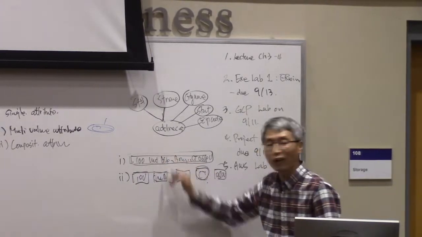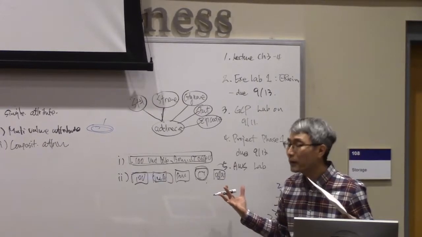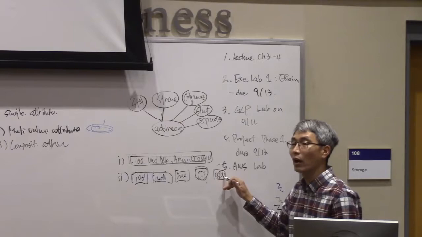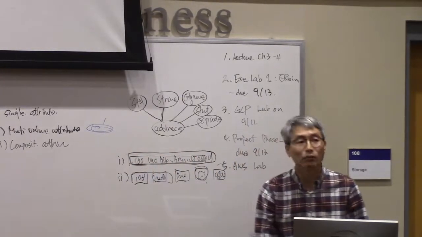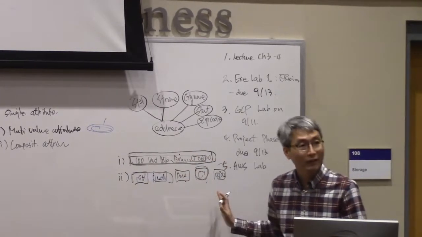Otherwise, you need to code and it will be really complicated. However, if you never use such a component of your address information, just one single address in your application, then the single attribute is better. You don't have to separate.